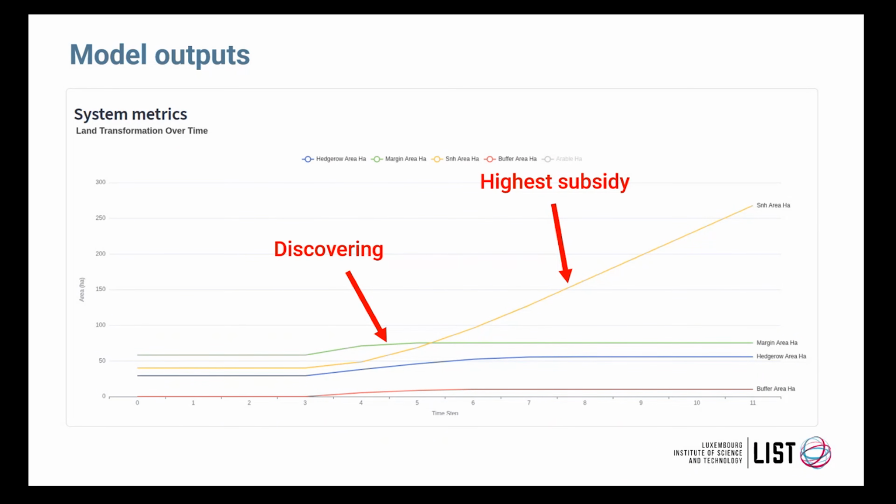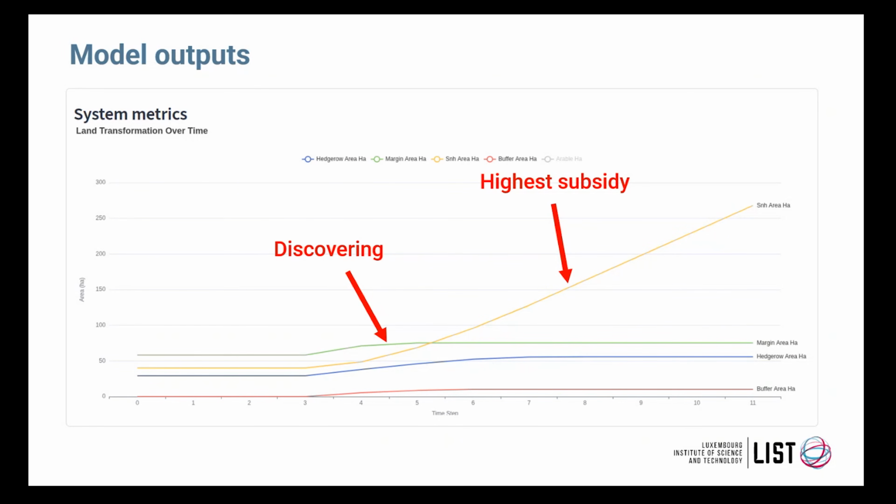This is not always the situation. It's also conditioned by the social network. So meaning that the bigger the network and the more dense it is, the faster the different actions are going to be shared among farmers. But in this example, as we can see, semi-natural habitat started lower, but with the years, it basically dominated because in this example, we tested with a high subsidy for the action.